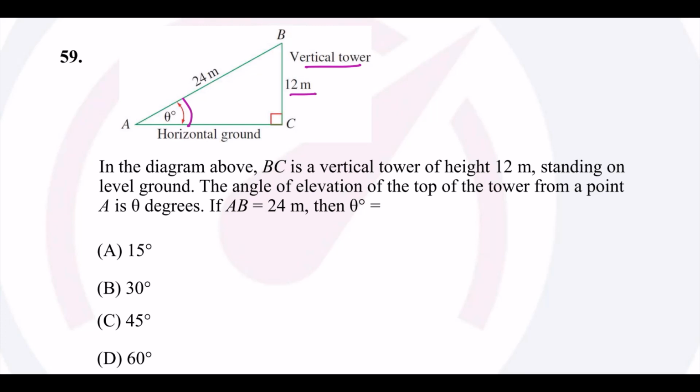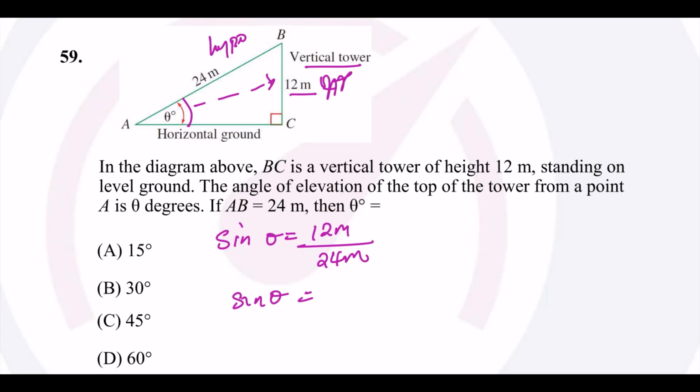So what sides do we have? We have the opposite and we have the hypotenuse. So then that is sine. So sine of the angle is equal to the opposite, which is 12 meters, over the hypotenuse, which is 24 meters. So sine of the angle is equal to 12 over 24, 12 into itself is 1, 12 into 24 goes 2, so sine of a half.